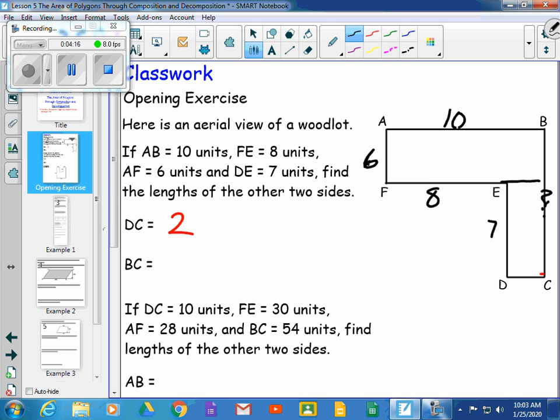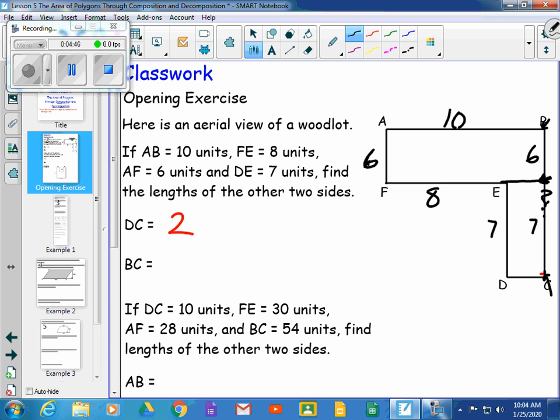If I look at the top rectangle that I've created, AF is going to be equal to the side from B to this line right here. So that length is 6. If I look at the bottom rectangle, DE is equal to the line from C to the line that we drew, opposite sides. So that one is 7.